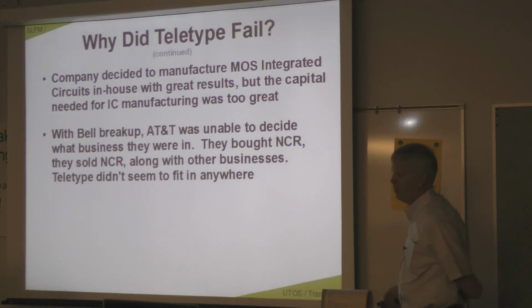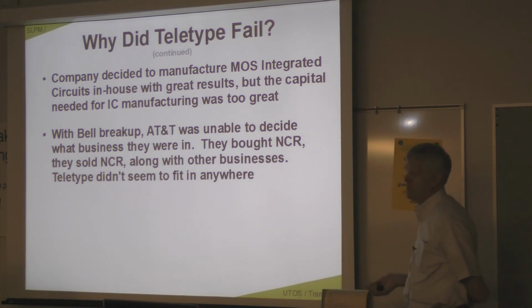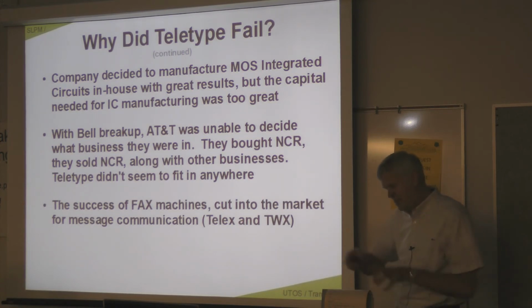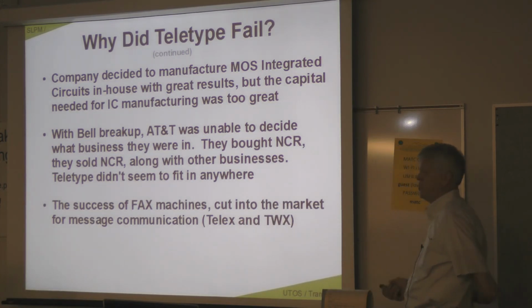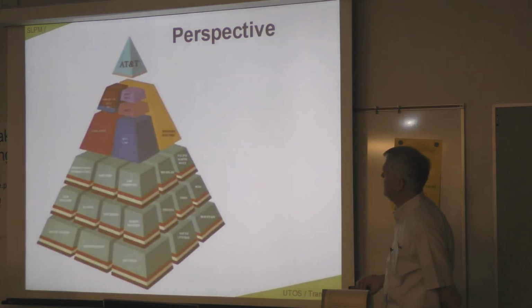And the parent company itself didn't know what it was doing. It would buy a company and sell it along with other businesses, and Teletype just never seemed to fit in. And then there was the success of the fax machine, which really eliminated the need for this. It was much cheaper to just send a fax. So it was closed in 1990.